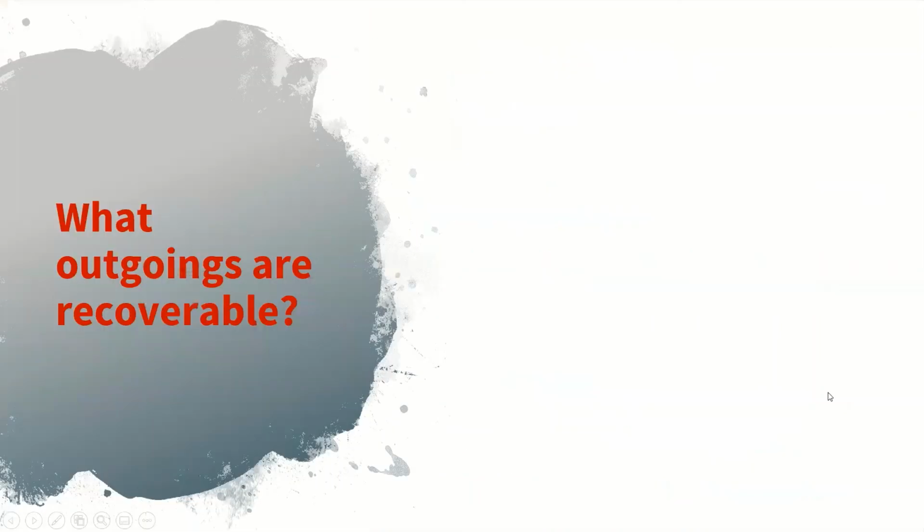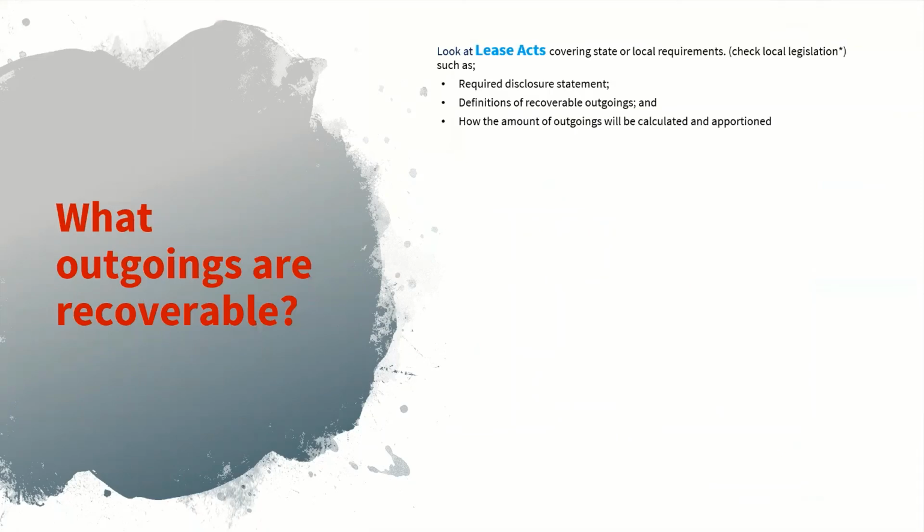So that leads us to what outgoings are recoverable and how you actually go about recovering them. In the first instance, I'd suggest it's important to look at what sort of lease acts you have in relation to your local authority, whether it be a state or a local requirement. So at all times, check your local legislation.